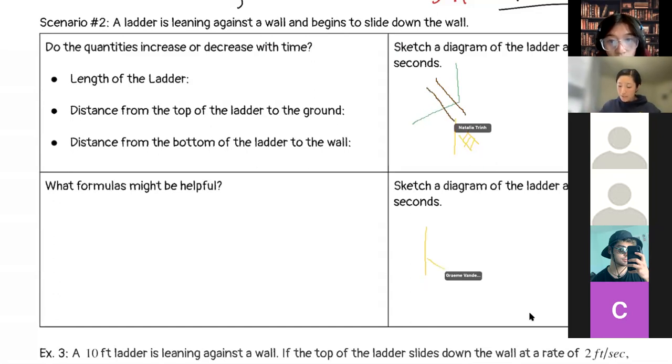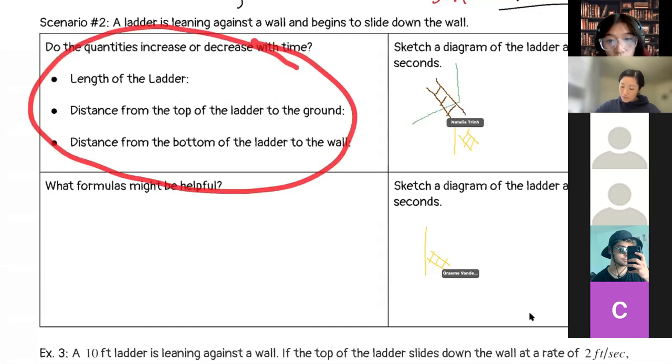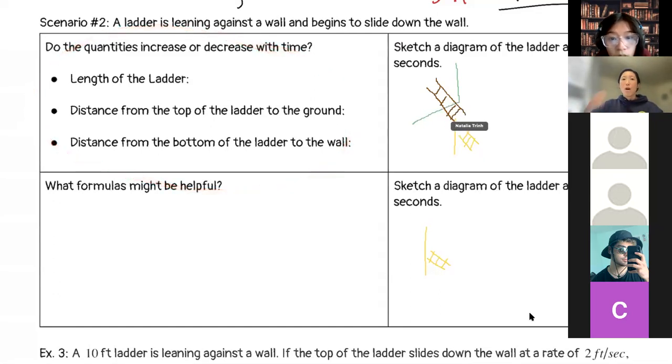There's a place on the left for folks who maybe don't feel like drawing. You can answer those questions like, are they increasing or decreasing or staying the same? You can draw an arrow up for increasing, an arrow down for decreasing, or say not changing if it's not changing.